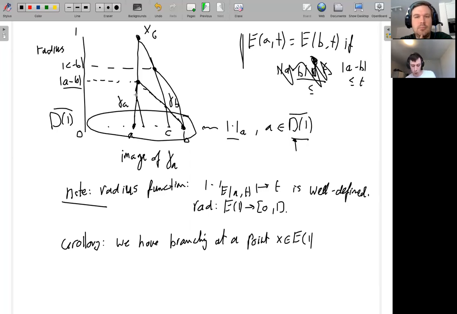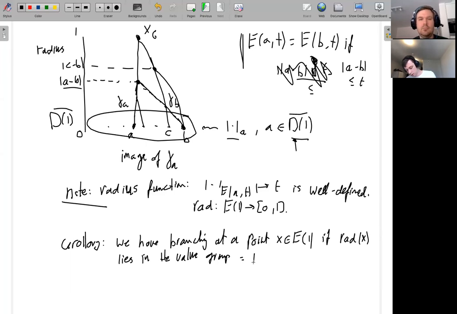Branching means that two of these branches come together in the point if the radius of x was in the value group, which is the image of k under the absolute value, a subset of the reals. Because any time two branches come together, that only happens when the radius is equal to the distance between the two points. And this distance, by definition, only takes values in the value group.